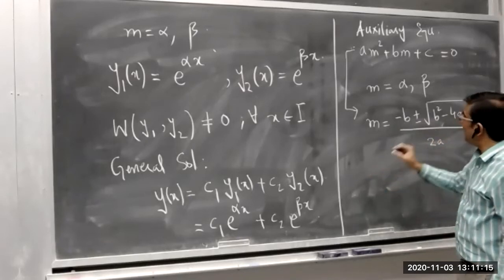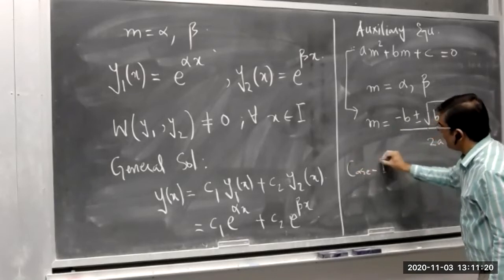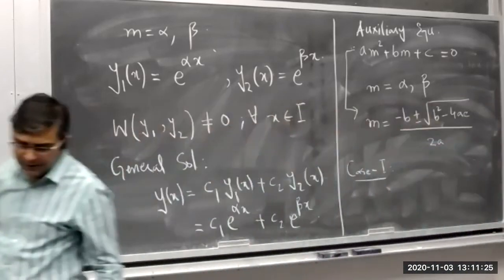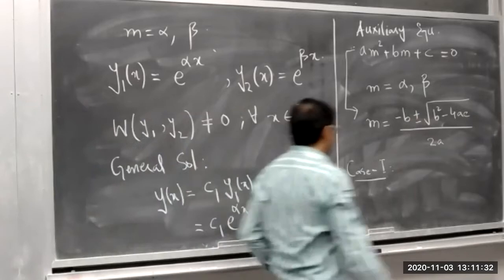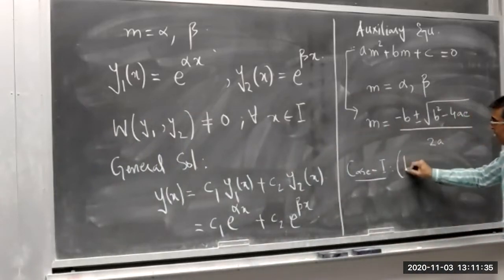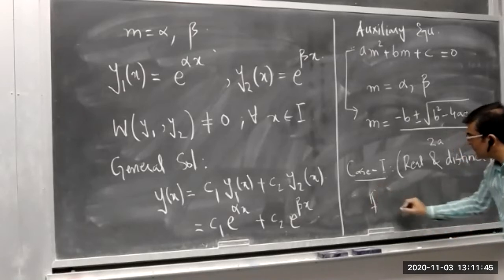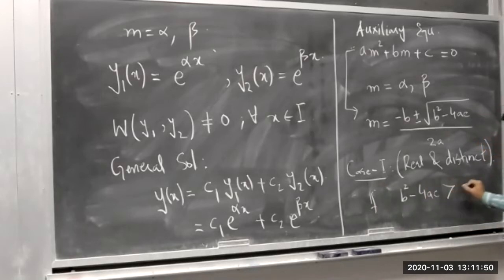Now, in case 1, roots will be real and distinct if b square minus 4ac is greater than 0.